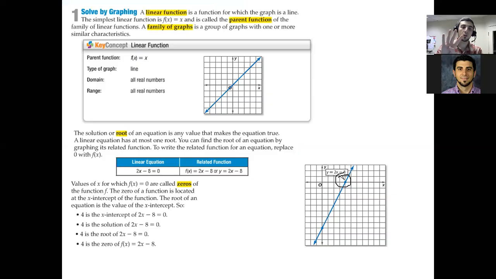All four of those things are really talking about the same characteristic, and we can use them interchangeably. The x-intercept of a linear function is the same thing as the root, and the root is the same thing as the zero, and the zero is the same thing as the solution when the equation is set equal to 0. So all four of these are basically four different ways to talk about the same thing.